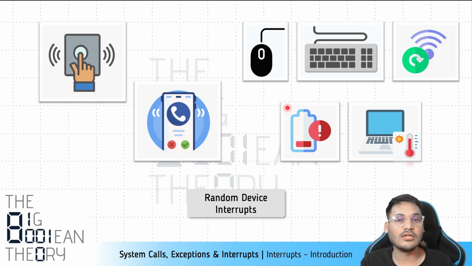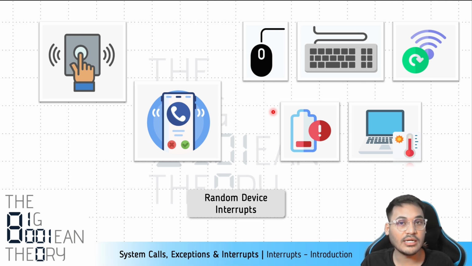Other examples of random device interrupts are not from input devices. Let's take the case of your laptop battery, right? When your laptop battery is low, you can see a notification from your operating system asking you to plug in the charger, right? Why is this the case? Because if you do not do so, then your system will shut down abruptly, which can lead to an inconsistent state, right? So in order to avoid those kinds of situations, the battery uses an interrupt mechanism, so that whenever the charge level in the battery goes below a certain critical threshold, it raises an interrupt.